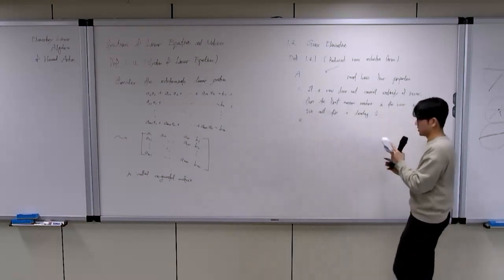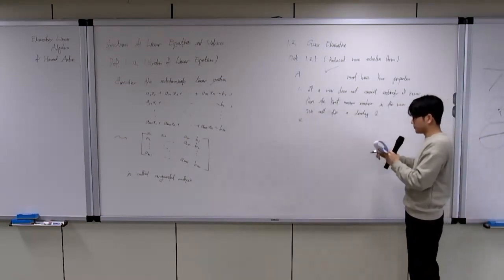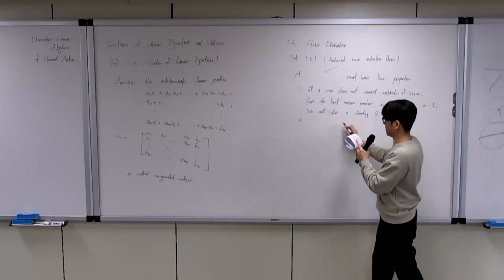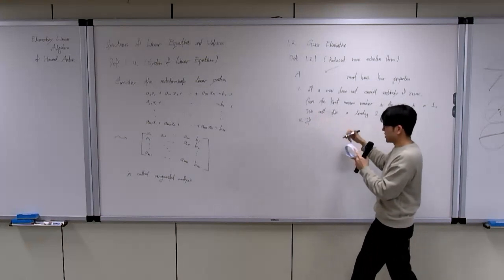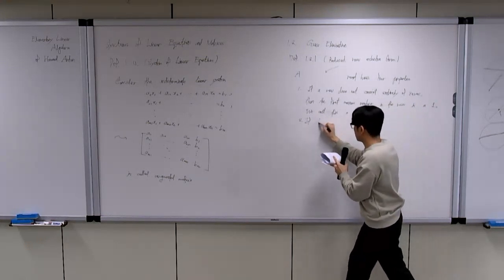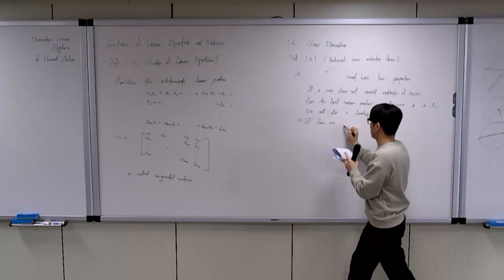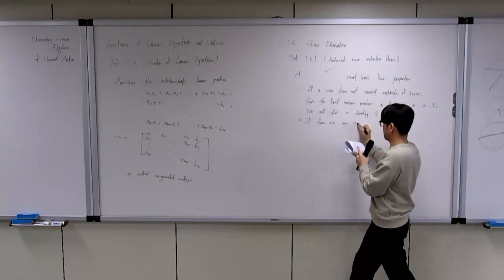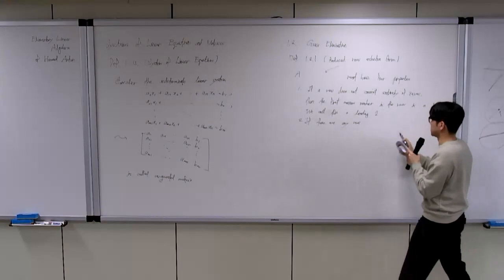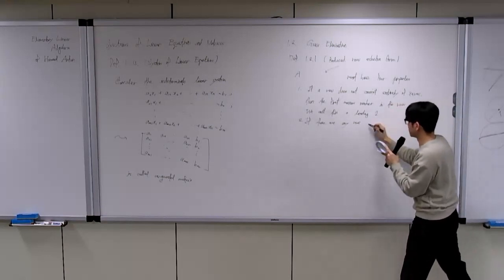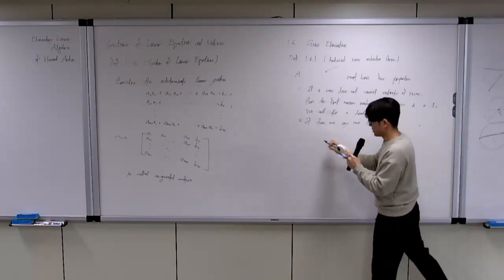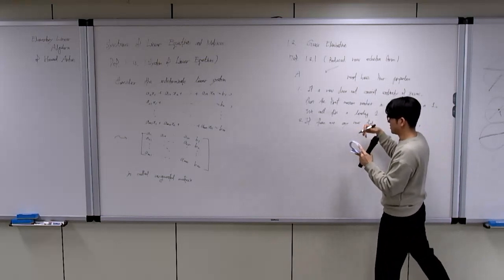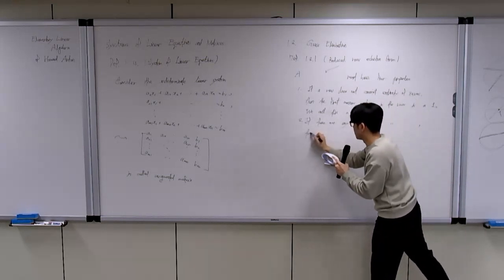And the second property is: if there are any rows that consist entirely of zeros, then I will write them first.